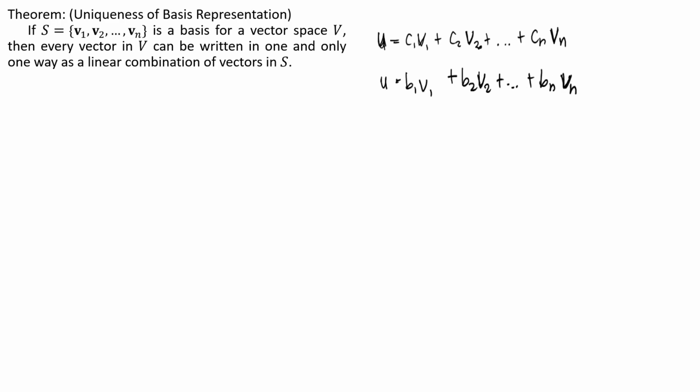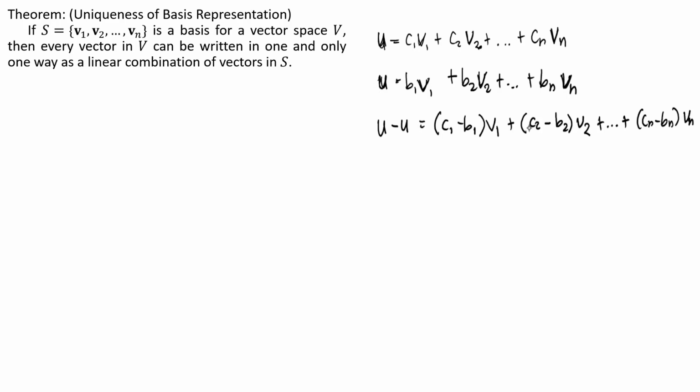So again, we assume that we have another linear combination for u. Subtracting these two equations, you will get u minus u, which is equal to (c sub 1 minus k sub 1) v sub 1 plus (c sub 2 minus k sub 2) v sub 2 plus, and so on, plus (c sub n minus k sub n) times v sub n.